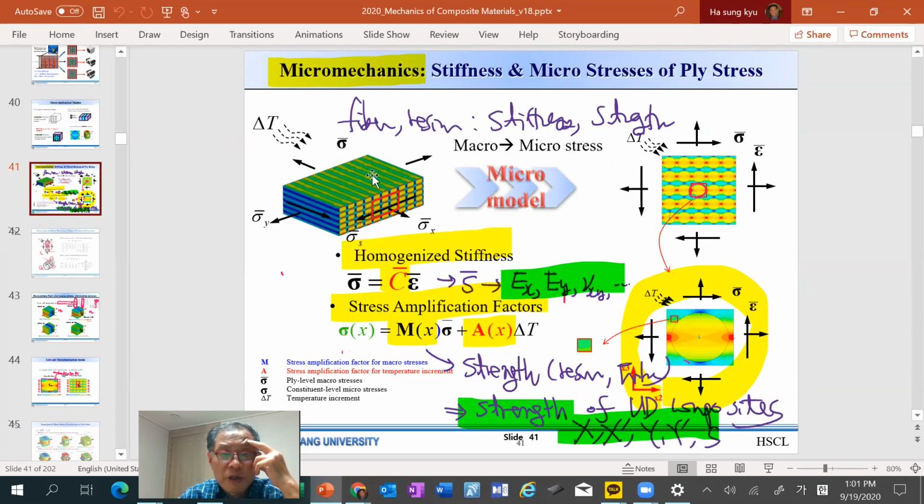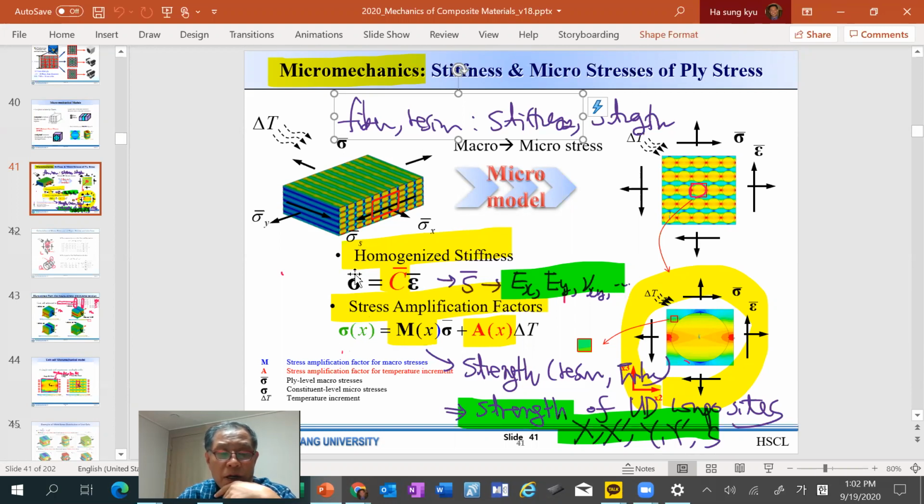Given material properties, fiber and resin stiffness and strength, these are basically given inputs. And then we would like to calculate the homogenized stiffness. It's given as a C bar, which relates macro level strain and macro level stress.